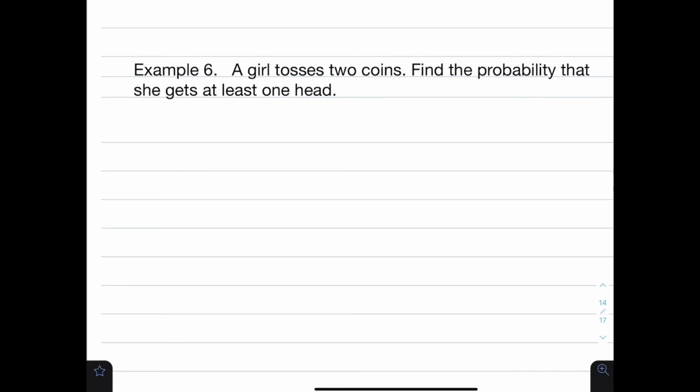Next question. A girl tosses 2 coins. Find the probability that she gets at least one head.